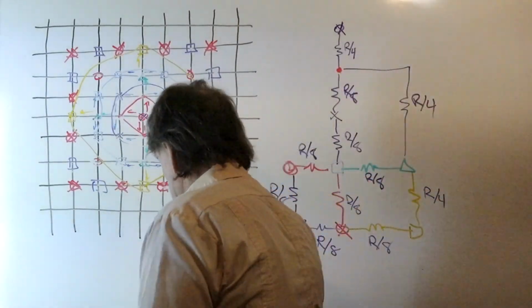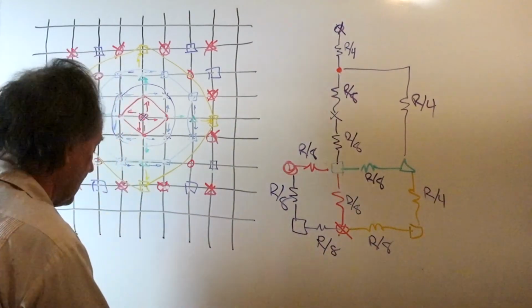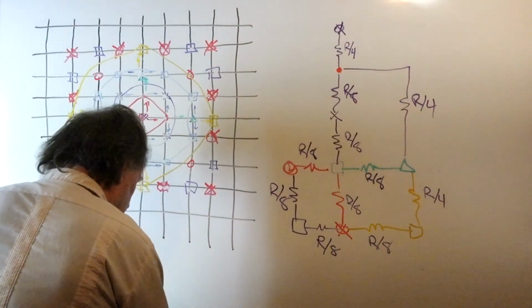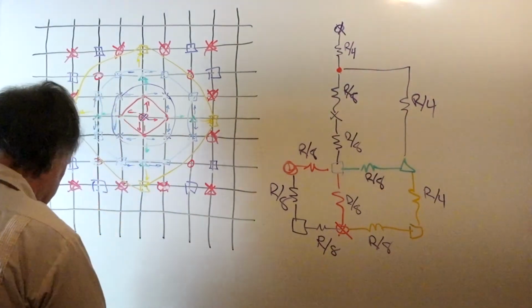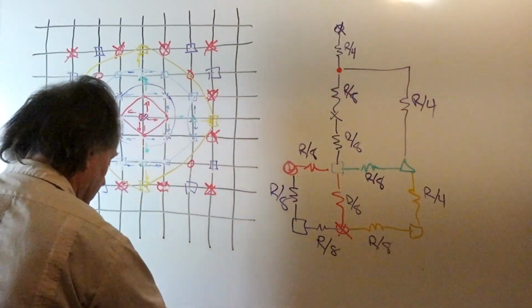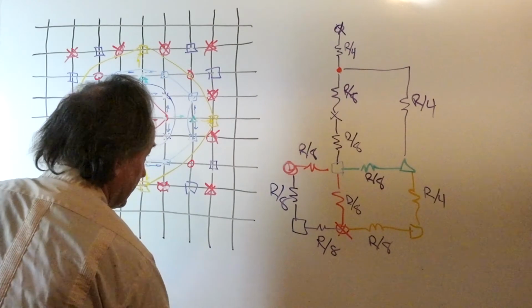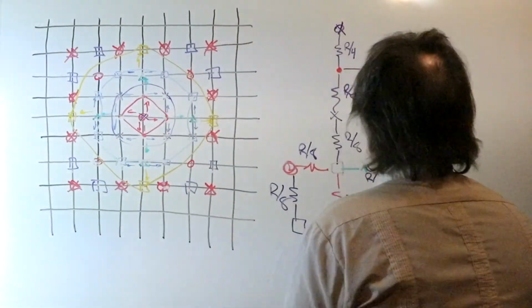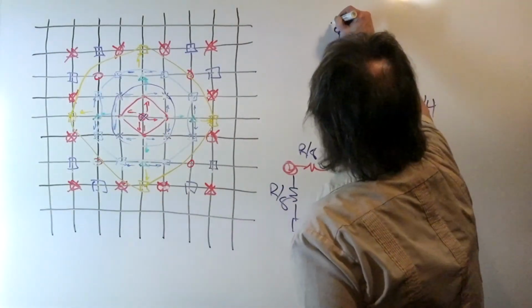And it should be immediately obvious now as to why you cannot invoke symmetry once you get beyond the first current split from where the current is injected. Remember, our current's being injected here.